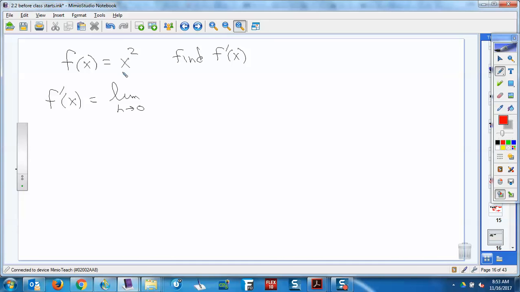So here's my x squared. Here's f prime of x. So let's go through it. So f prime of x is going to be f of x plus h minus f of x all over h.